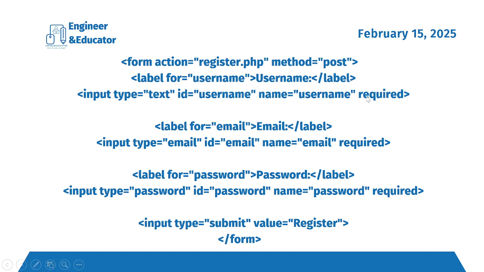See, for every input I have given required. That's because if the user has not filled in any of this needed input data, the form will not get submitted once you click on the submit button. Okay, that's it. Code explanation.